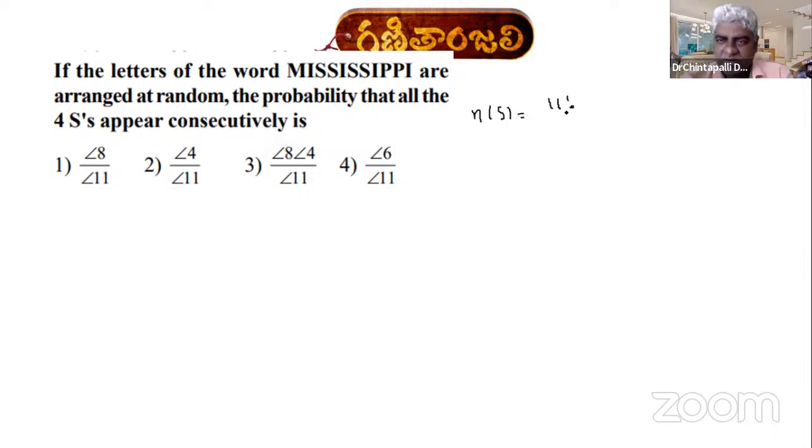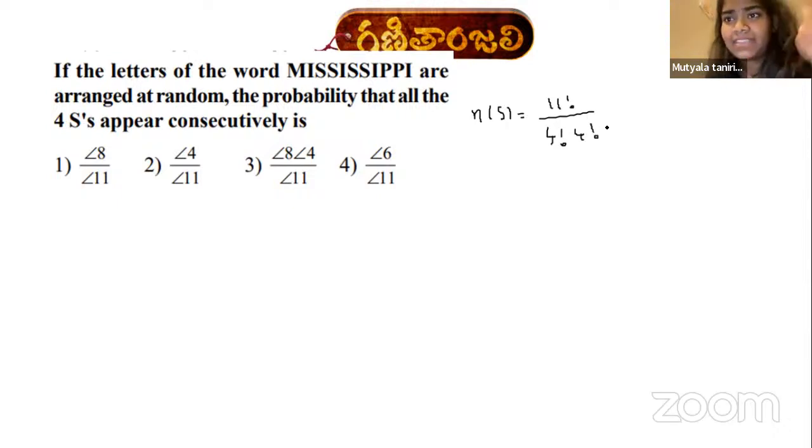But among these 11 letters, some are repeated. M is repeated one time, I is repeated 4 times, S is repeated 4 times, and P is repeated twice. So n of S is 11 factorial by 4 factorial into 4 factorial into 2 factorial.